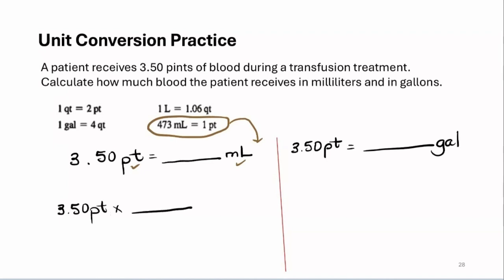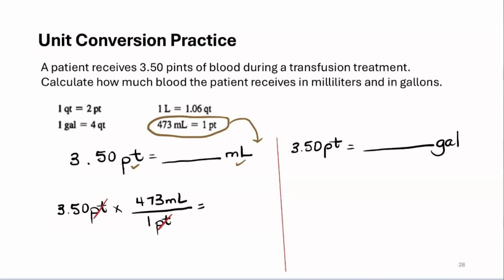Let's turn that equality into a fraction. In the bottom part of the fraction, I'm going to write 1 pint. In the top of it, 473 milliliters. The units of pints cancel.